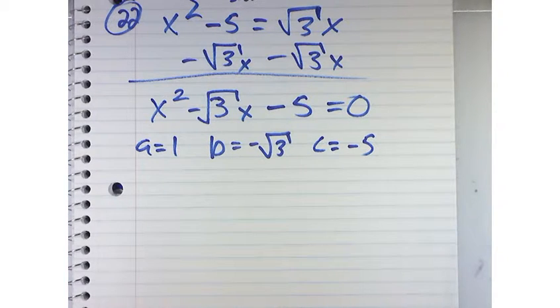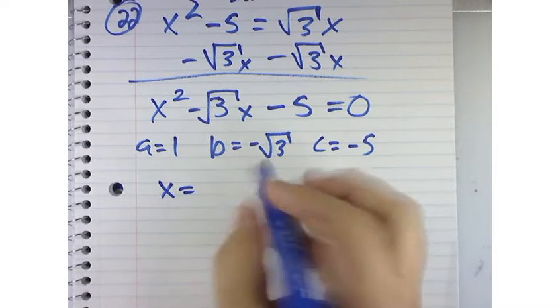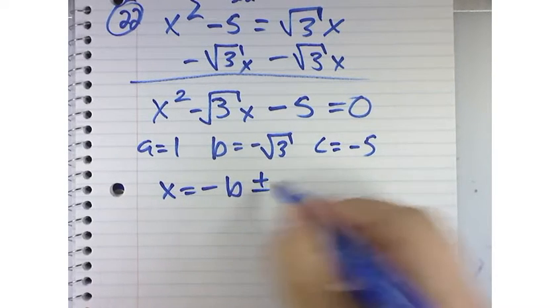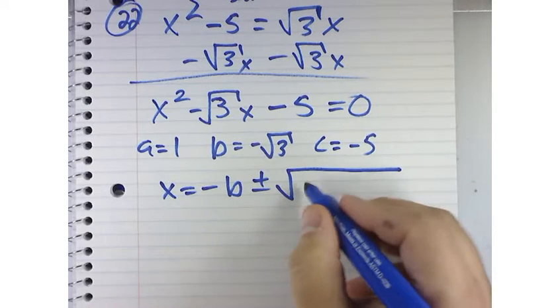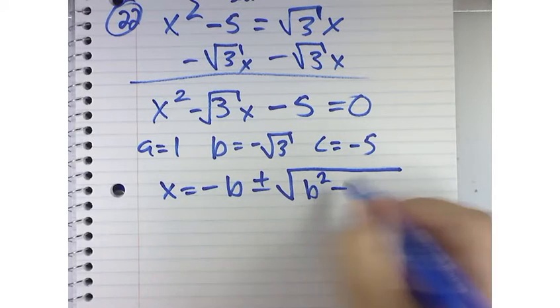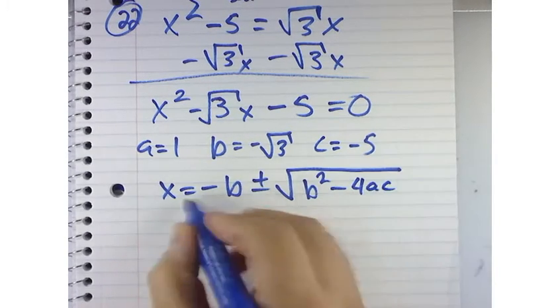So we say x is equal to negative b plus or minus the square root of b squared minus 4 times a times c all over 2a.